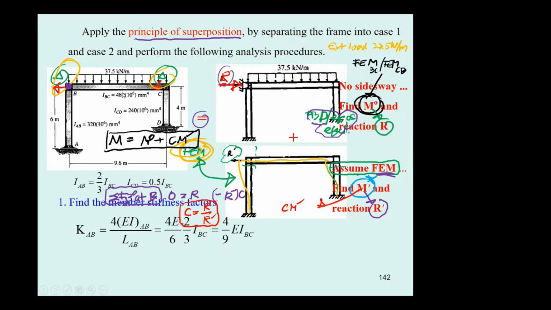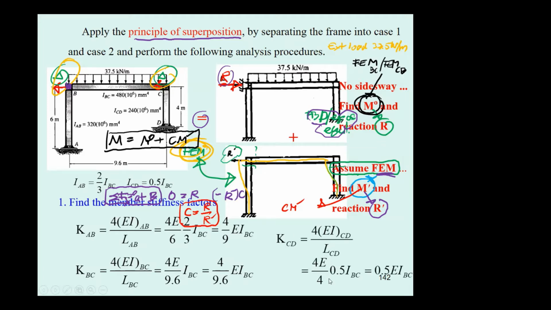For the beam BC, it's 4 EI sub BC over 9.6, so it's going to be 4 EI sub BC divided by 9.6. For the column CD, it's 0.4, and then this is 0.5 I sub BC divided by 4. So you have the member stiffness factors.